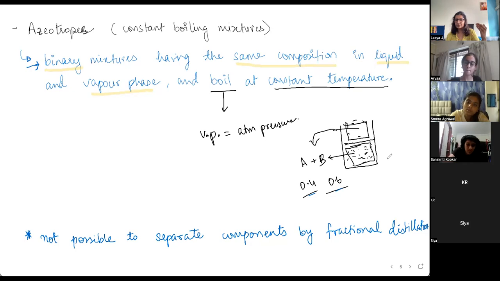You have some elevation in boiling point and all that. So even in this case, they are going to have a different boiling point as compared to pure A or pure B. So when we say boils at a constant temperature, yes, it is the temperature at which the mixture is boiling.